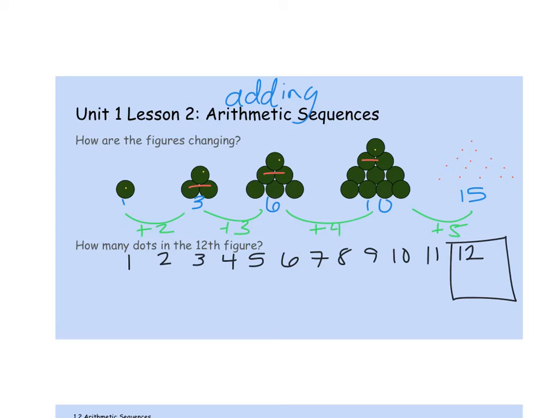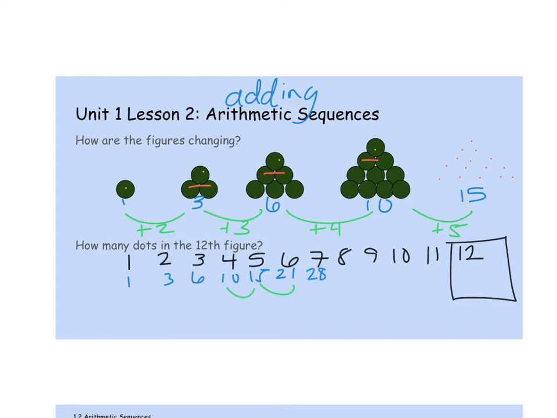Well, there's 1 dot in this one, and then 3, and then 6, 10, 15. Okay, so this one was adding on 5. So now I'm going to add on 6. 15 plus 6 is 21. And then what are you going to add on? 7, right? 28.